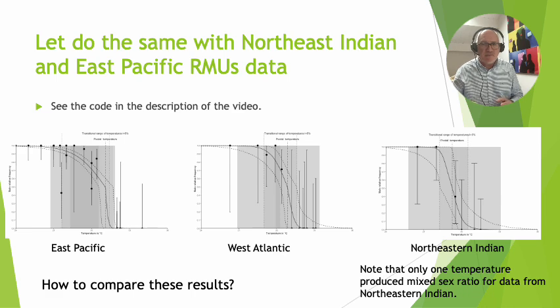It's not clear. Note that for Northeastern Indian Ocean, we have only 1 temperature with a mixed sex ratio, and then there is an infinity of curves that can explain this pattern. So in maximum likelihood we were stuck, but with Bayesian statistics we can say something.